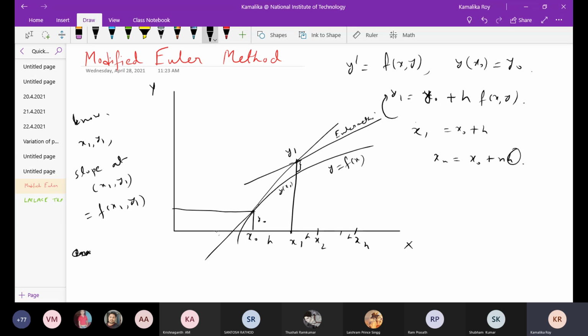But in the modified Euler method we draw a line parallel to this tangent, passing through x0, y0. So what is the equation of this line? (y minus y0) by (x minus x0) equals f(x1, y1).